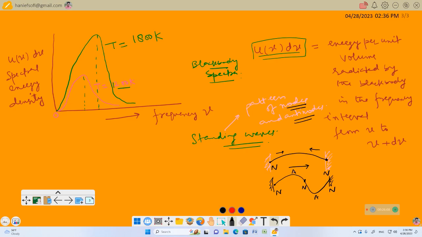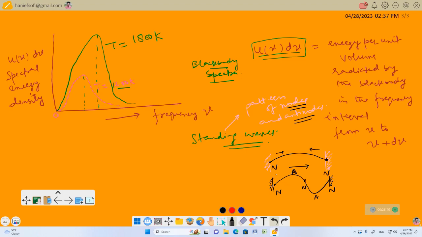And the string is oscillating in such a way that these nodes are always at rest, and at these two antinodes the displacement from the mean position is maximum. That means the amplitude is maximum. Now there can be multiple ways for this string to oscillate. We call them modes of oscillation.